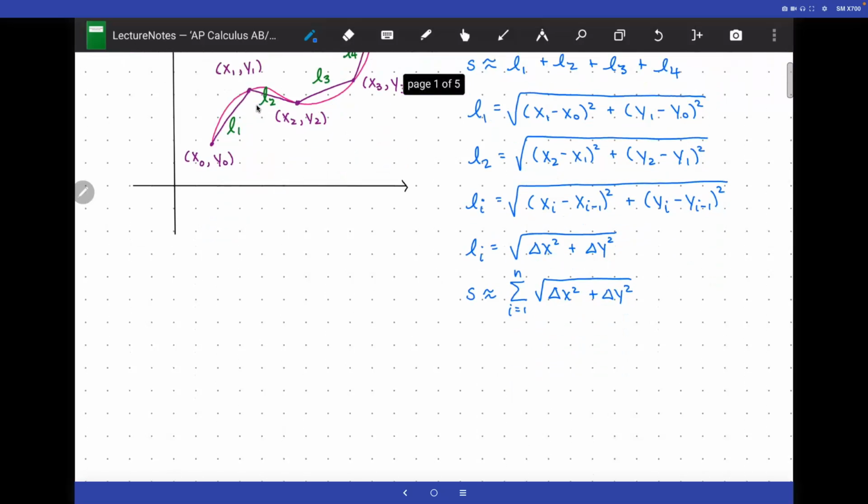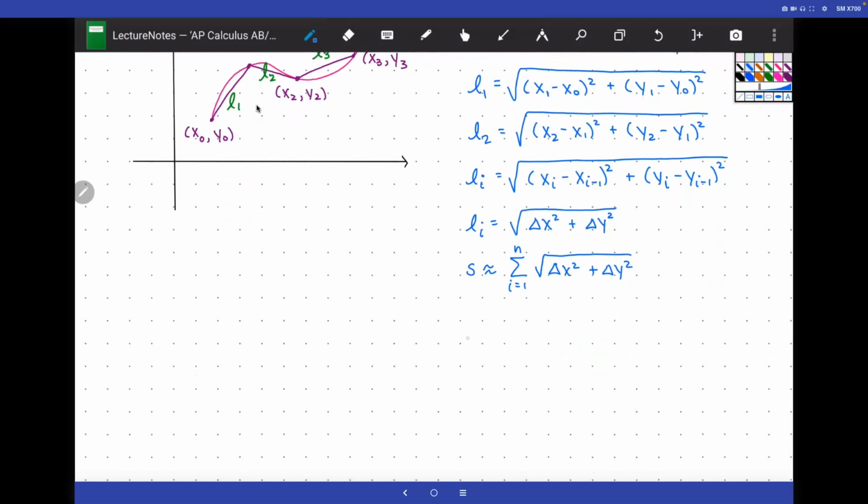So it's going to look like this. Arc length is approximately the summation as i goes from 1 to n. And then inside the square root, I'm going to have 1 plus delta y squared over delta x squared, and then that's times delta x squared. And I still have that big old square root.